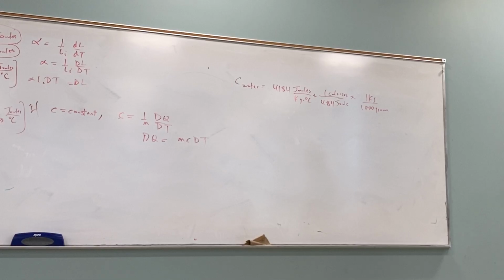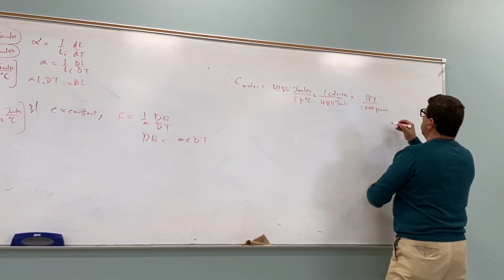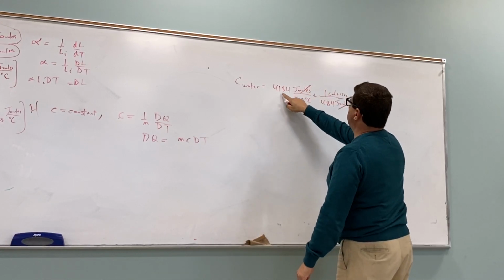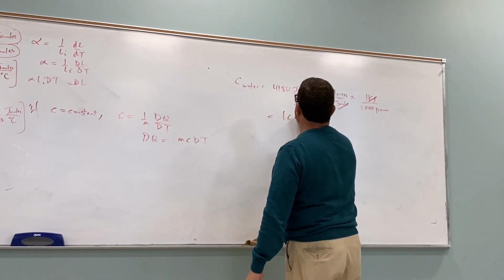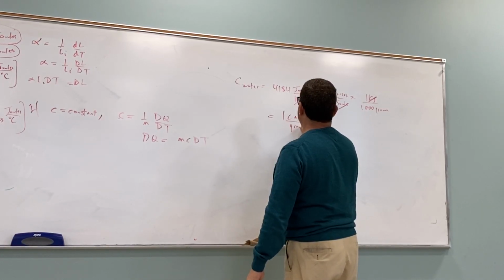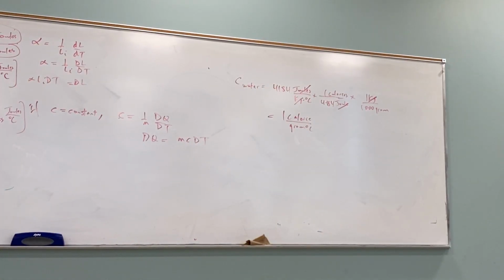So you convert to small calories, then you convert to grams, and the kilogram cancels the kilogram, joule cancels the joule. So you essentially divide this by 4,184. And then you get 1 calorie per gram Celsius, which is what this is, right?